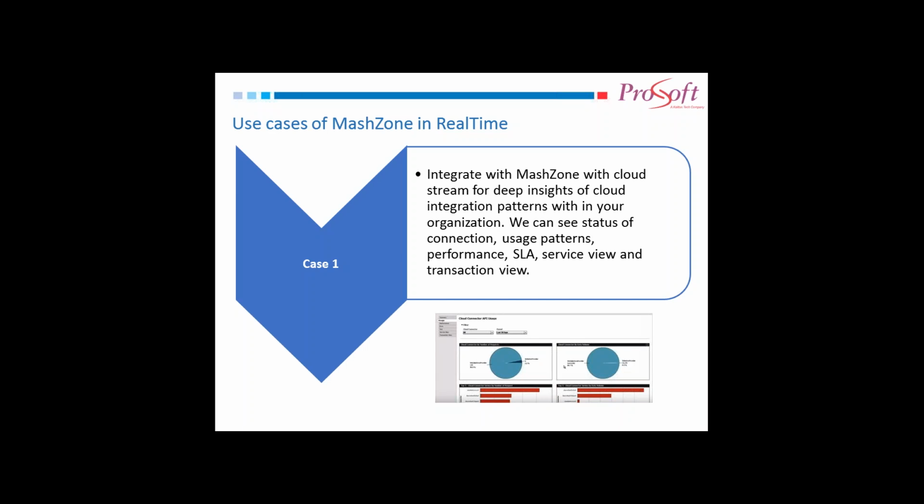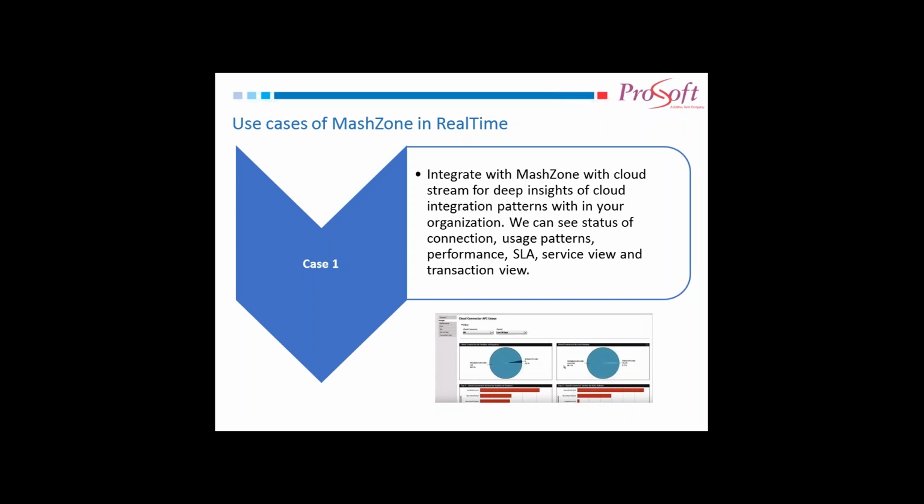Use case 1. You can integrate your SaaS application close to your on-premises application quickly and efficiently. It also gives a deep insight into cloud integration usage patterns within your organization. We can see the status of the SOAP API and REST API connectors that were set up for the particular server.